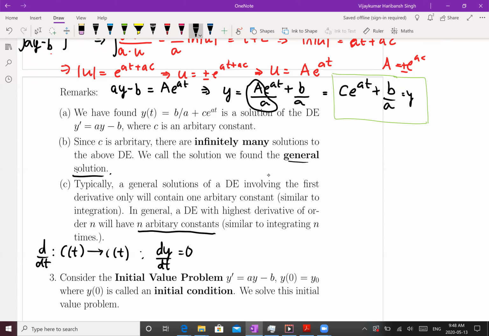If you take a linear operator and look at the kernel of it, you can make sense of the dimension of the kernel or the null space. So it loosely corresponds to that. If you have d by dt, the dimension of the solution space is 1. You need only one constant to represent all the elements of that space.